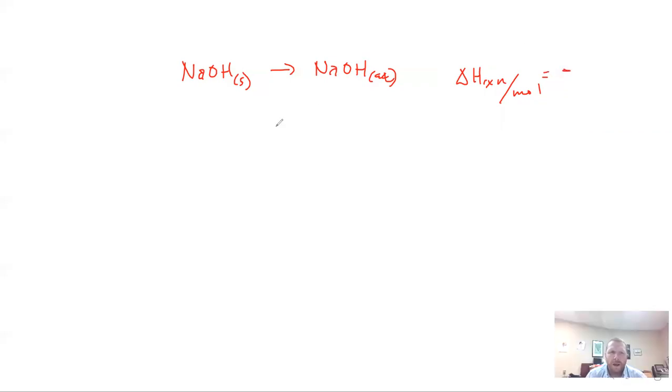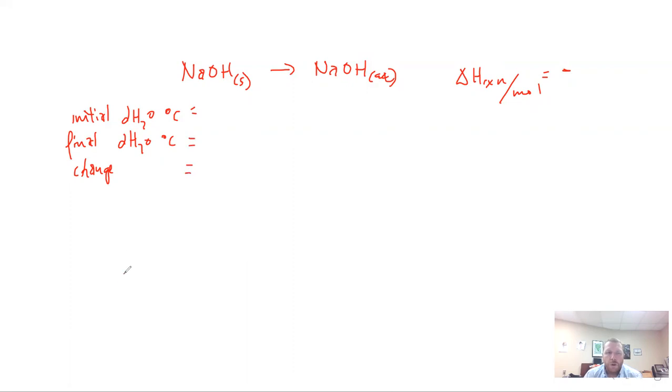So I have a couple of things. I have my initial temperature of water. I have my final. And therefore I have my change. And I'm just going to use some hypothetical values. You'll have to plug in your own values for this.